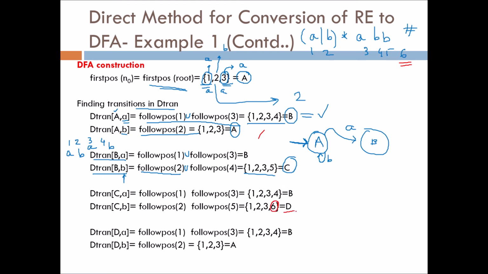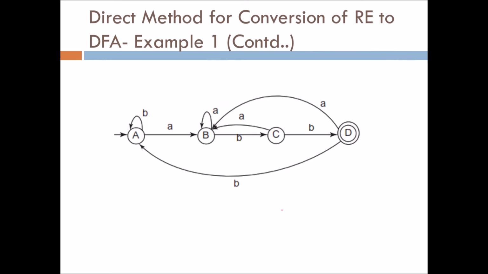This 6 is contained in state D. All the states which contain the position number of hash will become the final states. So here only D is the state that contains 6. So there will be only one final state, and D will become the final state here. So this is how we convert from regular expression to DFA.